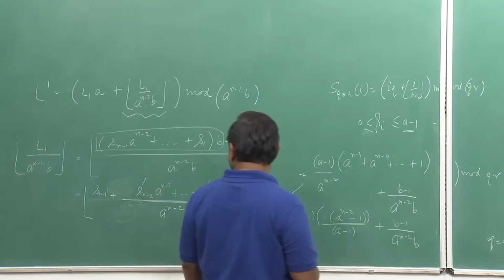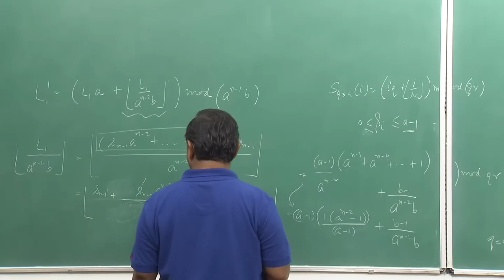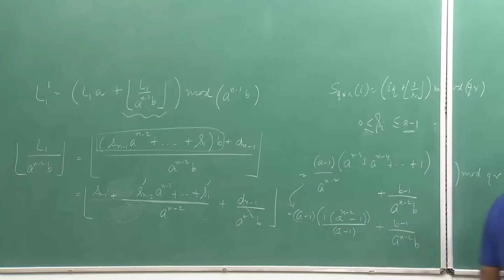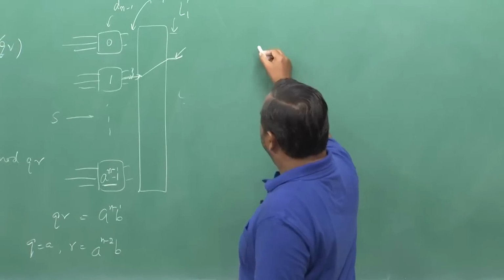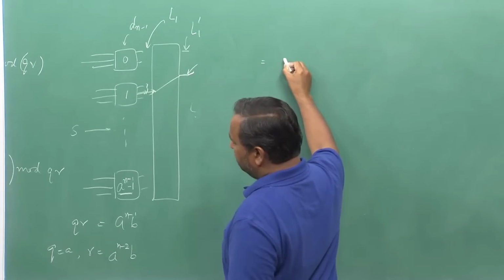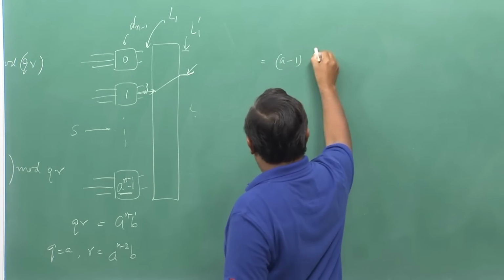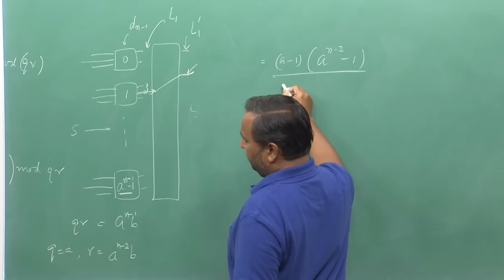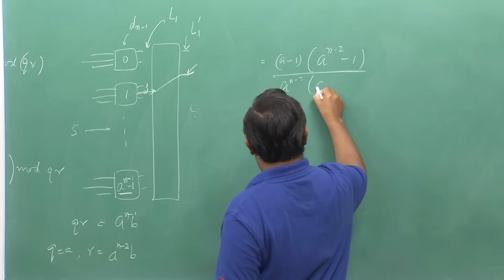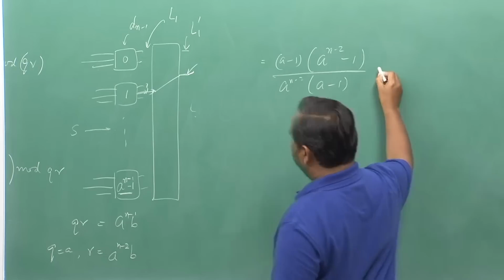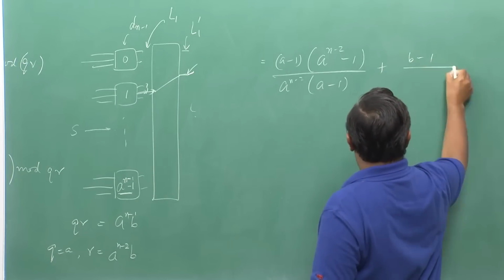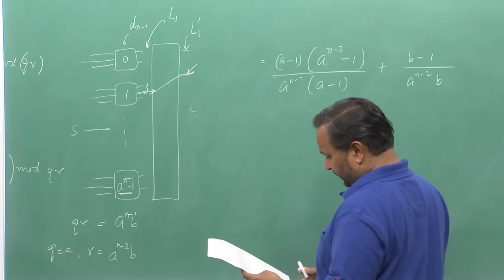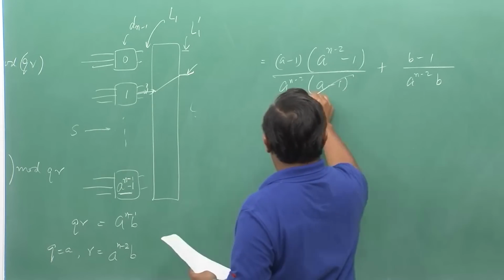So, I can now take this, okay, I can write it on the top maybe here. So, this value will turn out to be, so this cancels with this one.